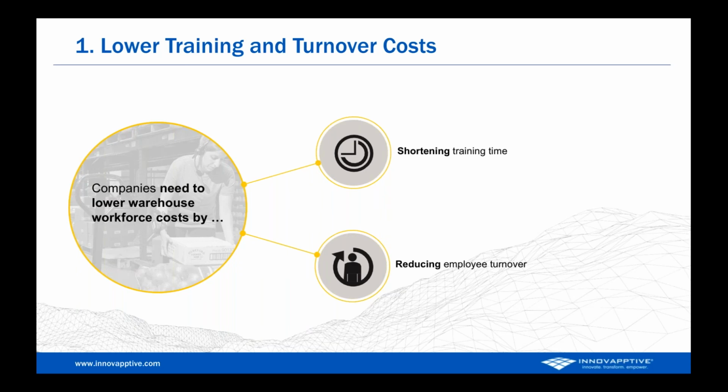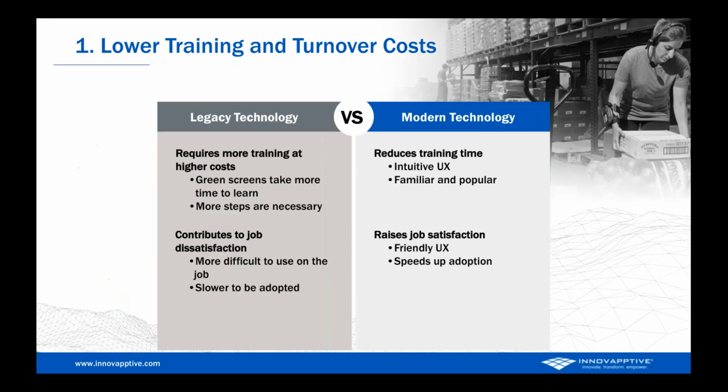And in fact, there's some research to show that if you do have good technology, the workers are more likely to stay and enjoy the job if they've got technology that really supports their day-to-day work. So I think that's a critical consideration.